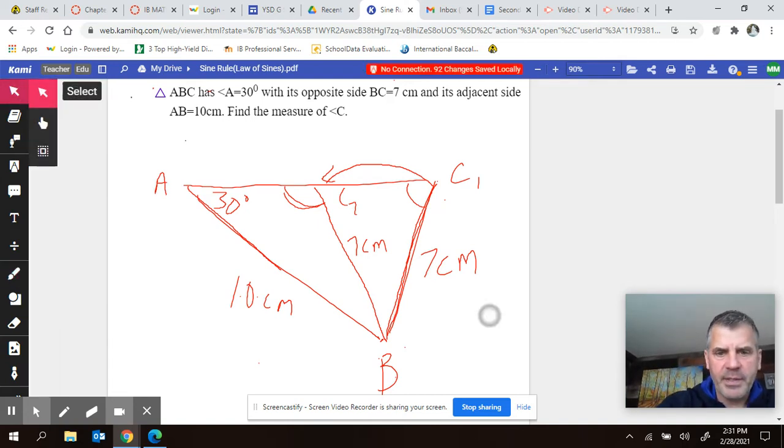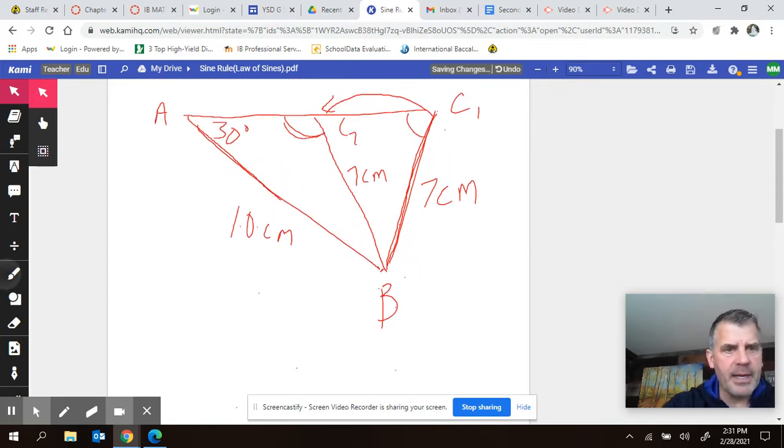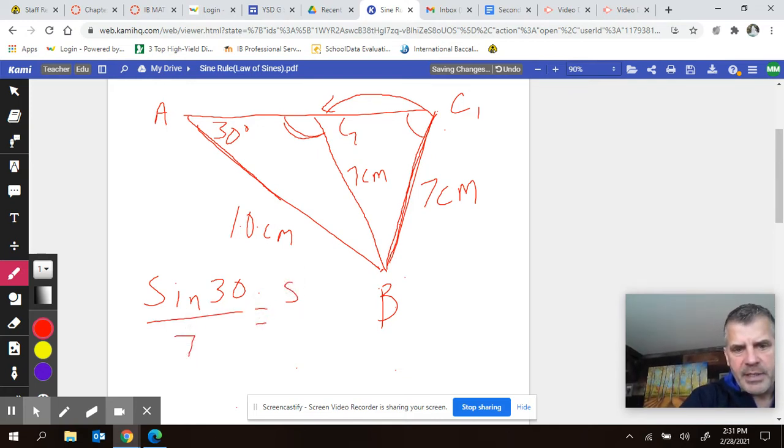We'll just continue with this example. Based on the law of sines, we can say that the sine of 30 is to its opposite side 7 as, and we're looking for angle C, the sine of C is to 10.